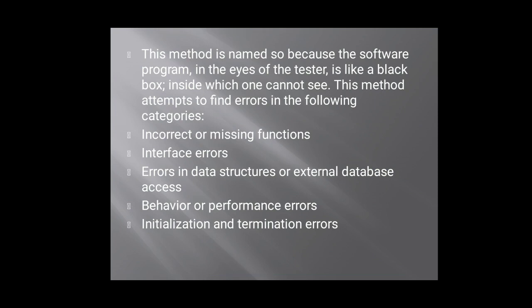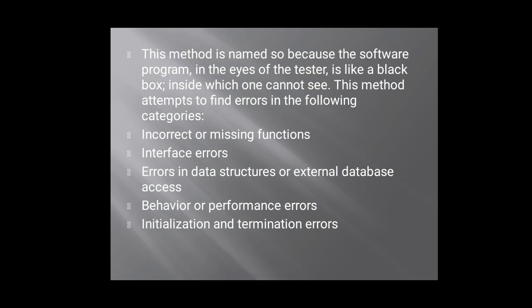This method attempts to find errors in the following categories: incorrect or missing functions, interface errors, errors in data structures or external database access, behavior or performance errors, initialization and termination errors. As the name suggests, it is like a black box.